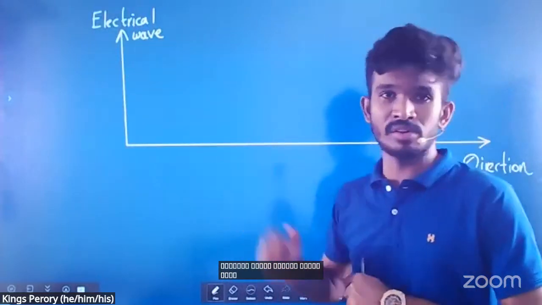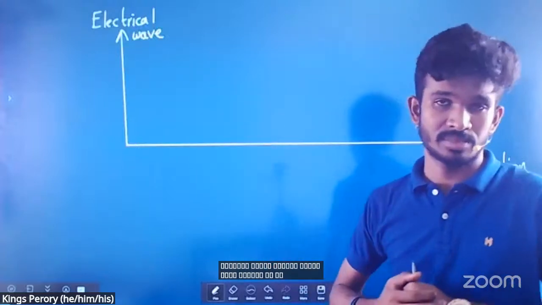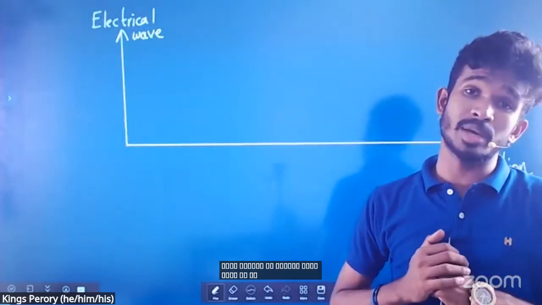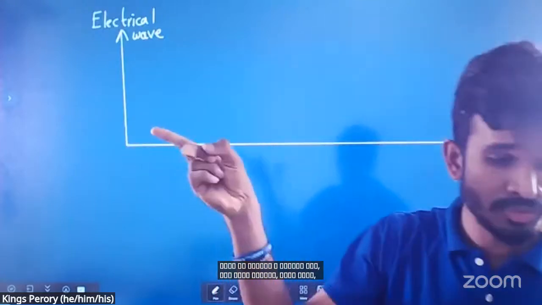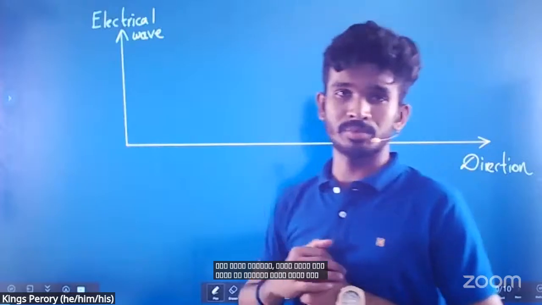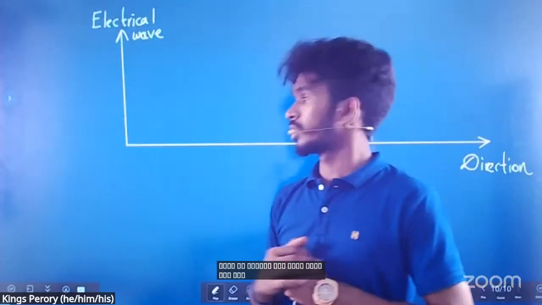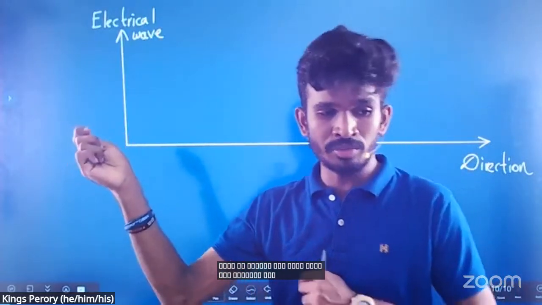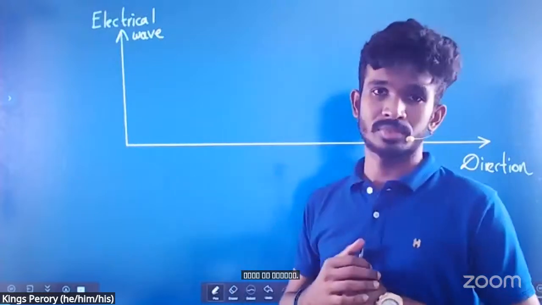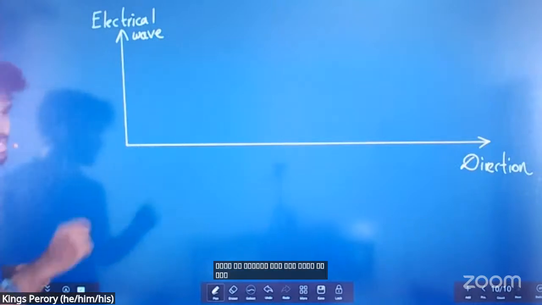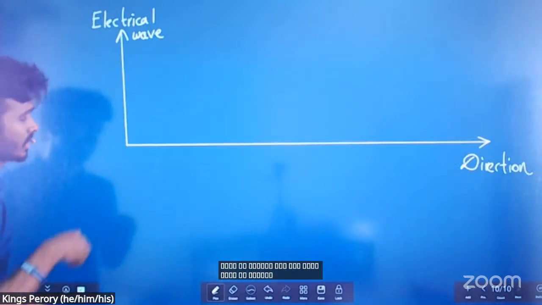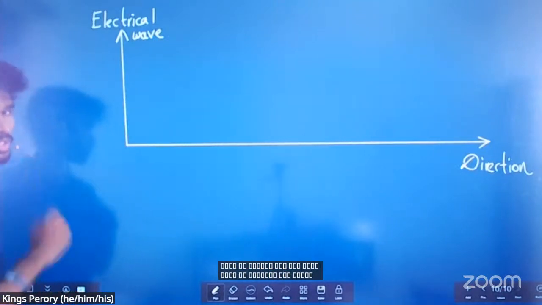Other than these two axes, there is one more axis that comes out of the board and goes into the board. That axis is called the z-axis.